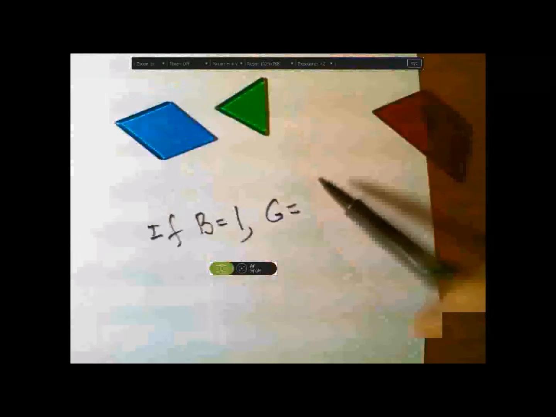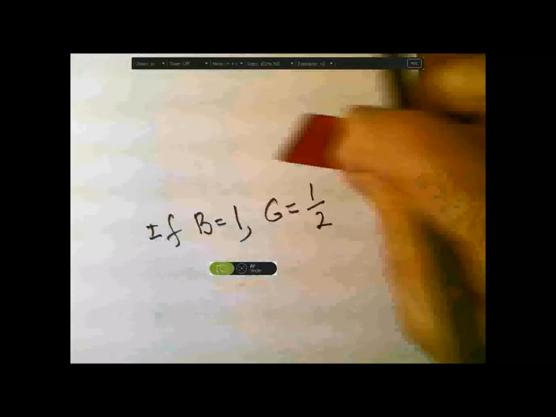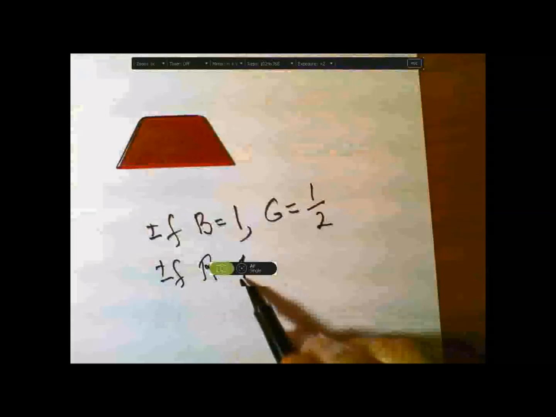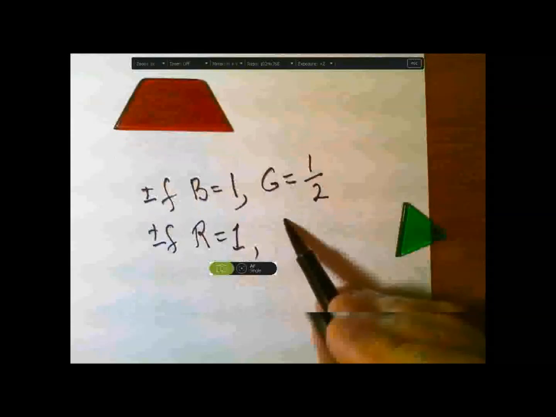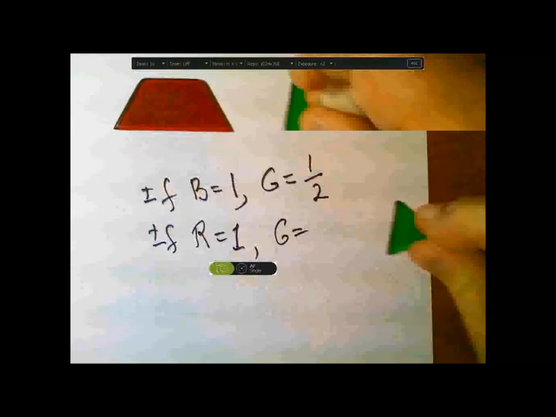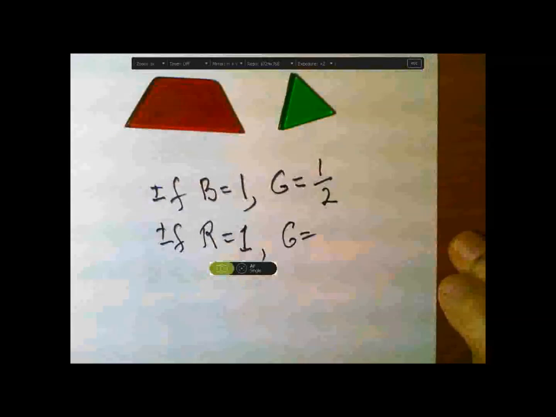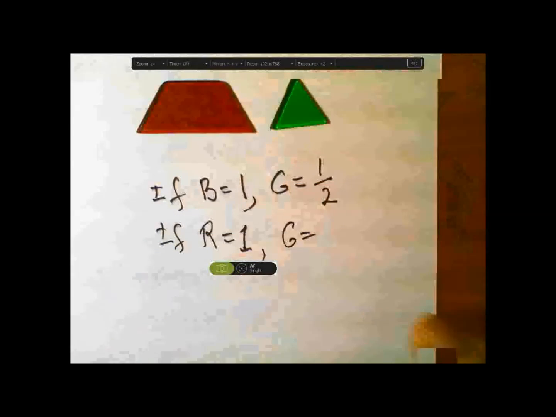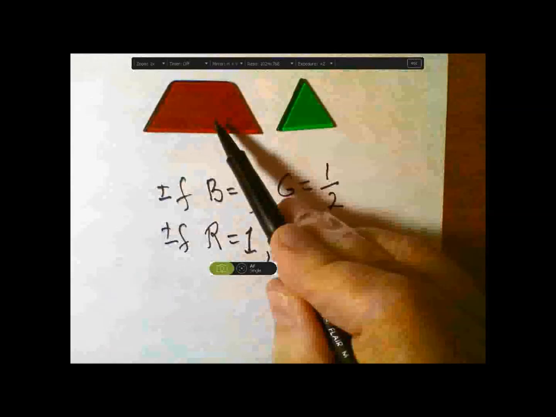1/2. It's going to be 1/2. Okay, if the red is 1, what part of the red will the green portion be if the red is 1? Okay. 1/3. If the red is 1, what part of the red is the green portion?